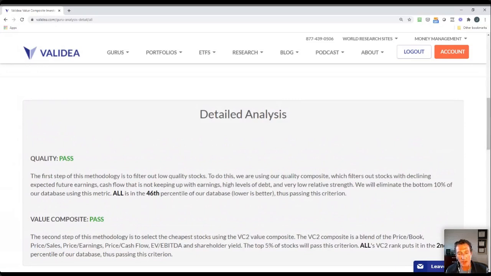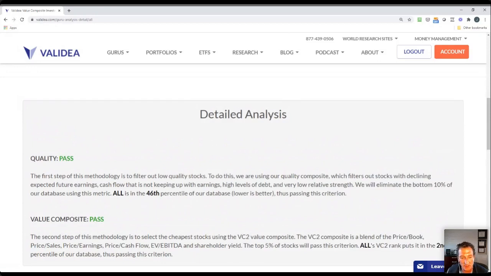We have a way to percentile rank companies based on a number of quality criteria. To start, we say, okay, let's make sure we're not in the stocks that are the lowest quality. So the first pass is companies can't be in the lowest 10th percentile. Anything above that is a pass.